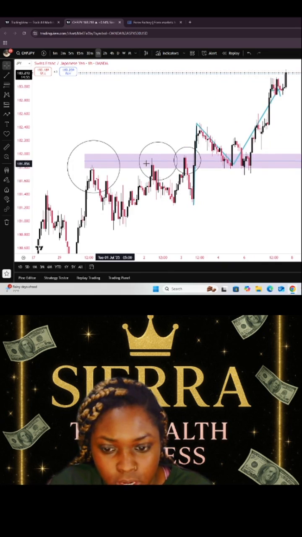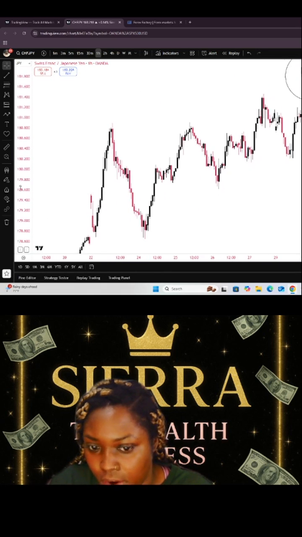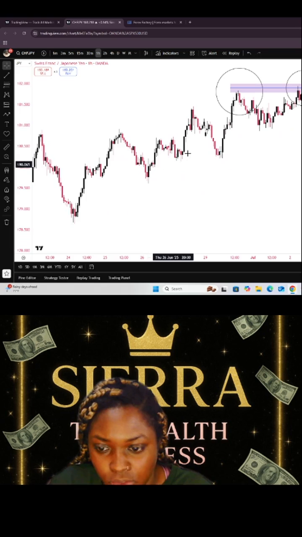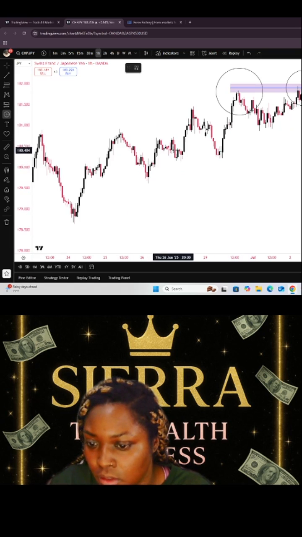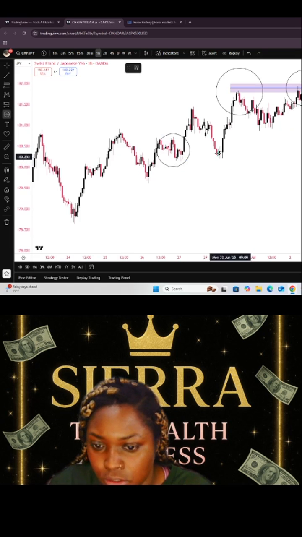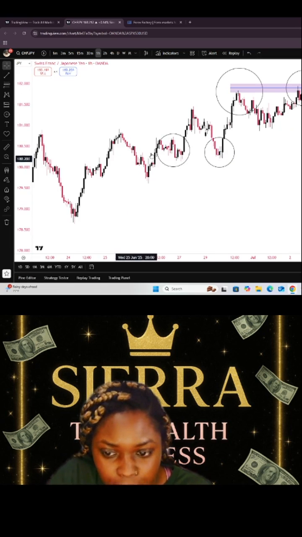So this one is resistance. And let's find a support area. And right here, I see 1 and 2 areas of rejection. 1, 2. Okay. And you want them to be in the same area, right?